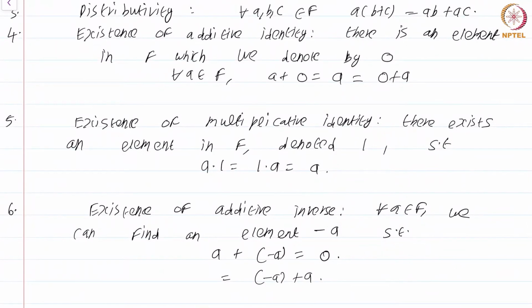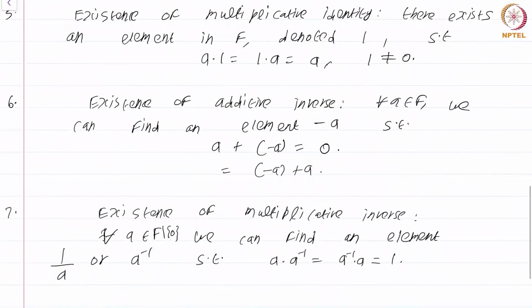There exists an element in F denoted 1 such that A dot 1 equal to 1 dot A equal to A. Let me add that we require 1 to be not equal to 0. Now, the final, this actually concludes it. There's no final thing. There are only 7 axioms. I got ahead of myself thinking there are more properties to characterize.